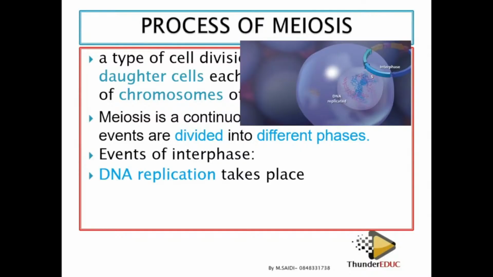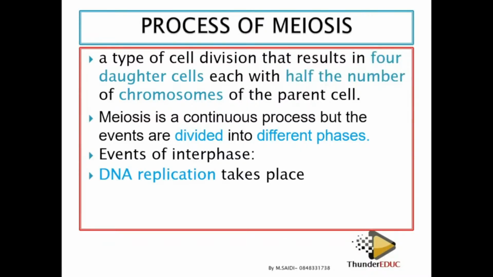Remember, when you're talking about DNA, we asked a question, where does it occur? We said in the nucleus. When does it occur? It occurs before the cell divides, or during interphase. So when you say before the cell divides, it means that interphase is not regarded as a phase of meiosis. It's just a growth phase. It's like saying that you give birth to a baby, and then the baby immediately cannot give birth to another baby.